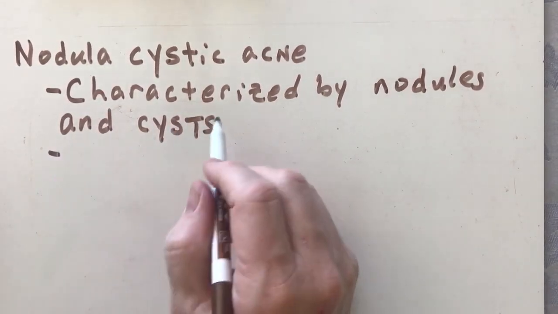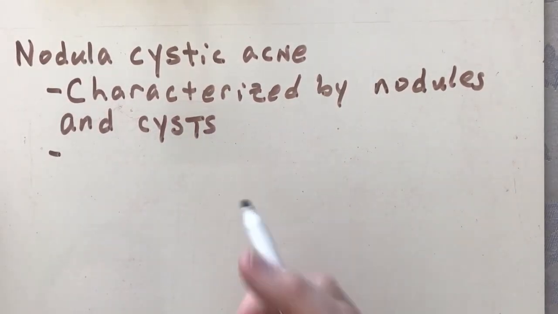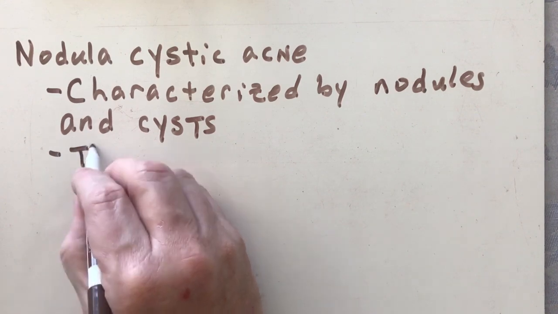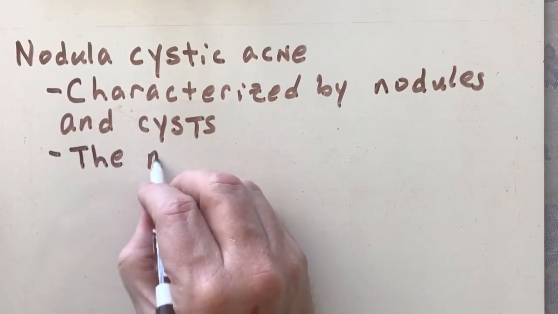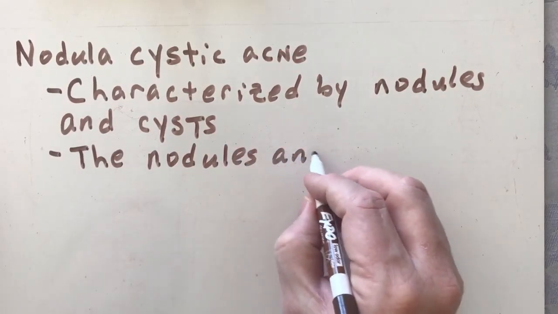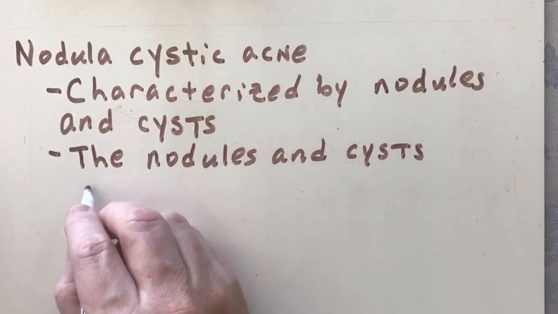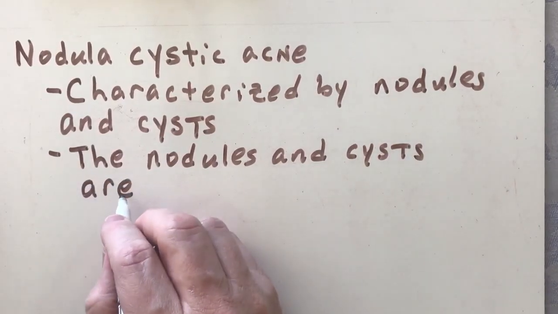Now the nodules and cysts, they're inflamed lesions with pus that's way under the skin. So the nodules and cysts are caused by pus.